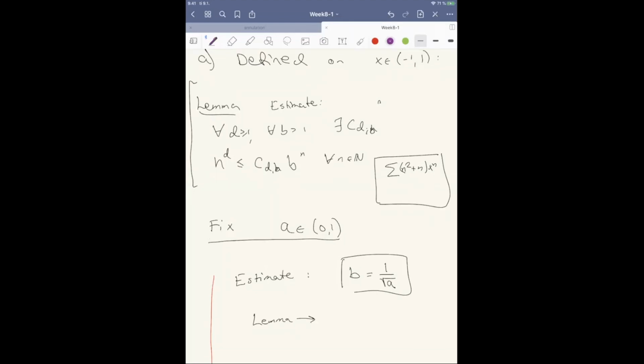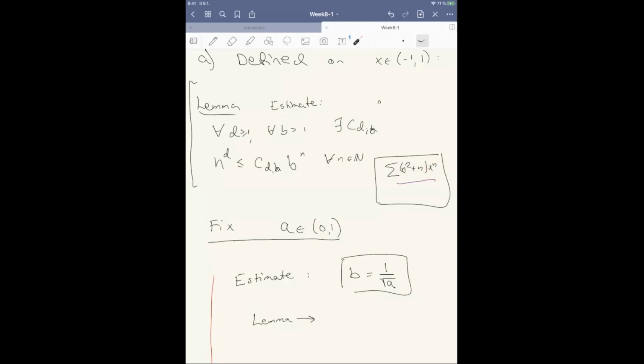Okay, so now let's remember, we're still working with our example (n² + n)xⁿ. So let's check the things that we said. We want to check the defined aspect from -1 to 1. And there will be a crucial lemma that we use to estimate. These terms have the form n², or some polynomial, times something that is geometric.